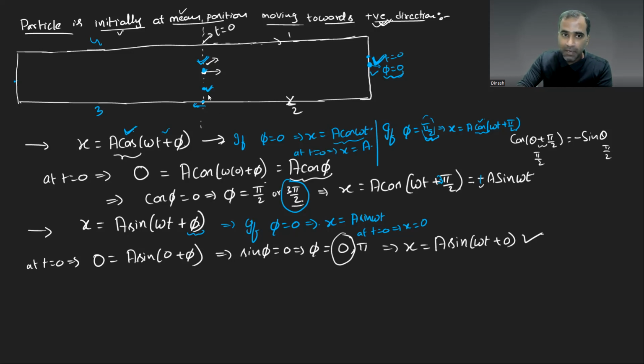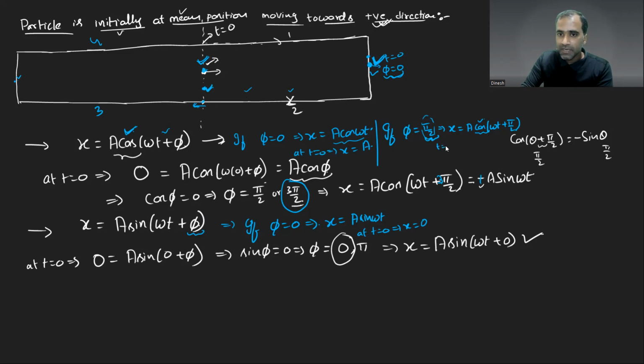Cos with phase pi by 2, it is here. Cos with phase pi, it is here. Cos with phase 3 pi by 2, the position is here. Cos with phase pi by 4, the position is here. Cos with initial phase pi by 3, the position is here. You start measuring from here. Okay, I hope you're following.